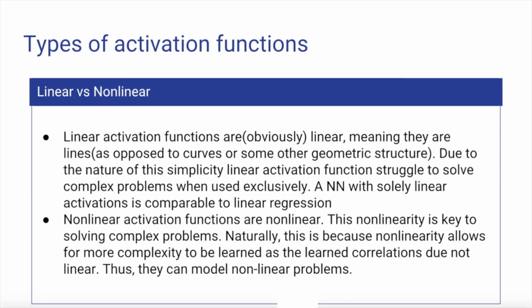Due to that simplicity, they struggle to solve complex problems, because when we're thinking of a neural network as a function approximator of whatever data set we're feeding it, if we have a highly nonlinear problem, which means the correlations between the input vector, so our tabular data, our pictures, and the output, or our class, or our regression value, are not going to be linear, linear activations cannot model a nonlinear problem. That just won't work, right?